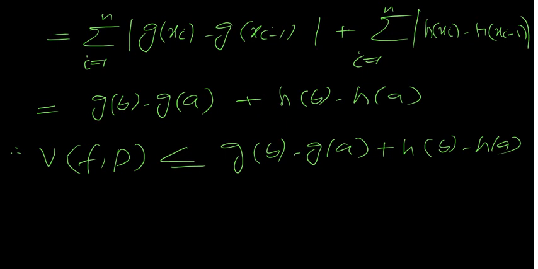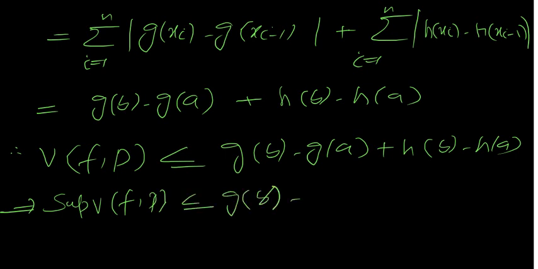So let's apply the supremum on both sides. This is the upper bound of the set of all variations. Therefore the total variation must be less or equal to this. So the supremum of variations of f over P is less or equal to g of b minus g of a plus h of b minus h of a, which is a finite number.